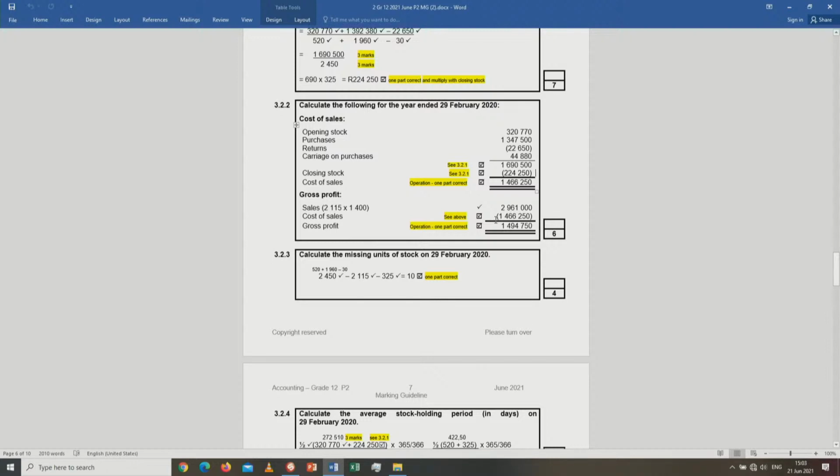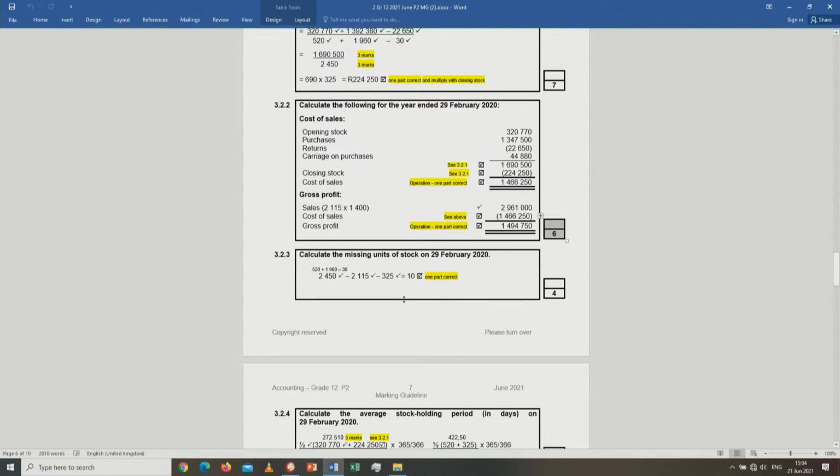The 1,466,250 can be a method mark because it's linked to this answer up here. So whatever the learner's answer is up here must then be the same answer that's here for him to get that method mark there. Then the sales minus the cost of sales will then give him the method mark here. So a learner can possibly get 2 out of 3, and here the learner might even get 3 out of 3 even if his final answer is not fully correct.